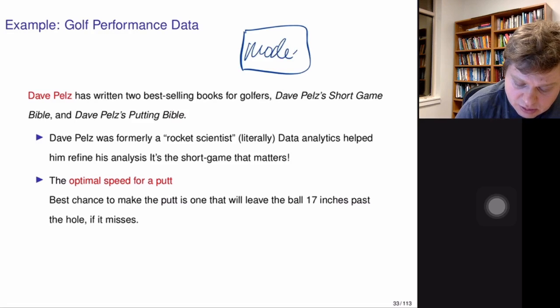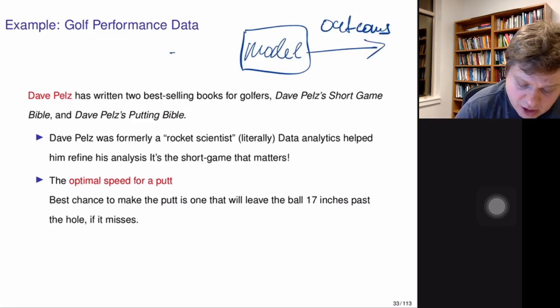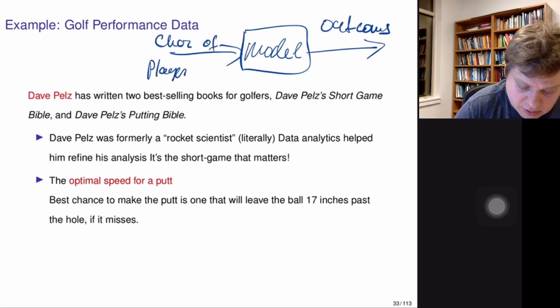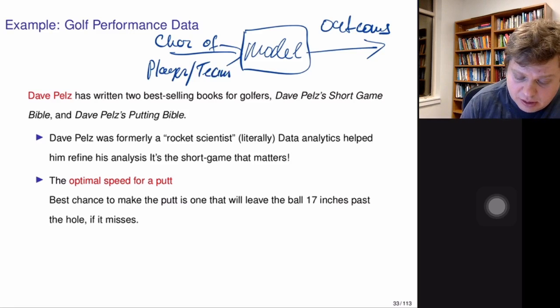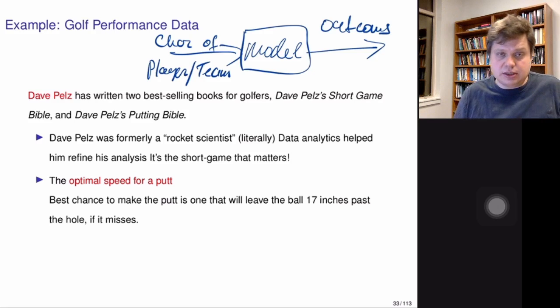So what we usually want to model in sports analytics: we're going to have our model, and the outcomes are going to be the outputs, and the characteristics of a player or a team, if it's a team sport, or individual players plus the team, are the inputs. Then we model the relationship between the characteristics and the outcomes.